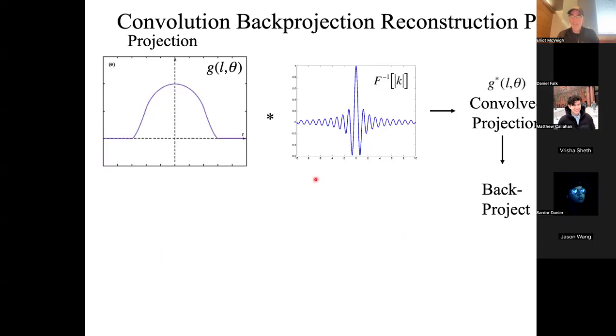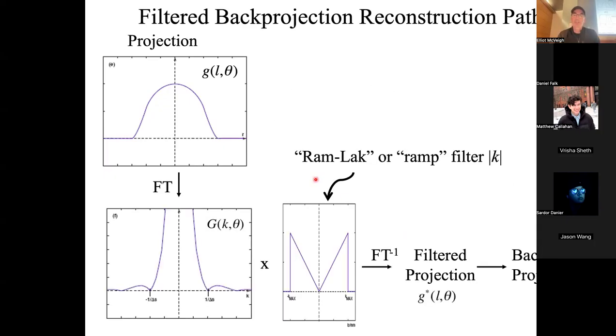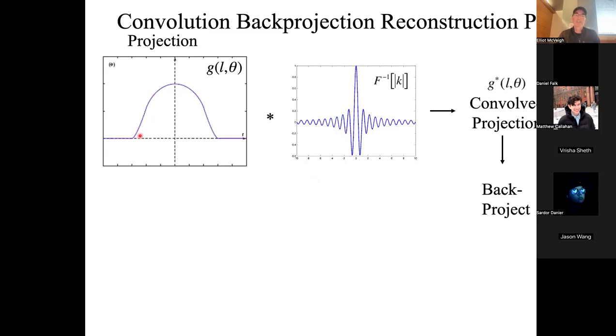There's an alternative way to do this, which we saw, and that is I've got GL theta. I don't take its Fourier transform. I just say that's my data, right? I've got that data. I convolve my data with the inverse Fourier transform of K, right? Which looks something like this. Now I just have a new function, which is the convolution of this and this.